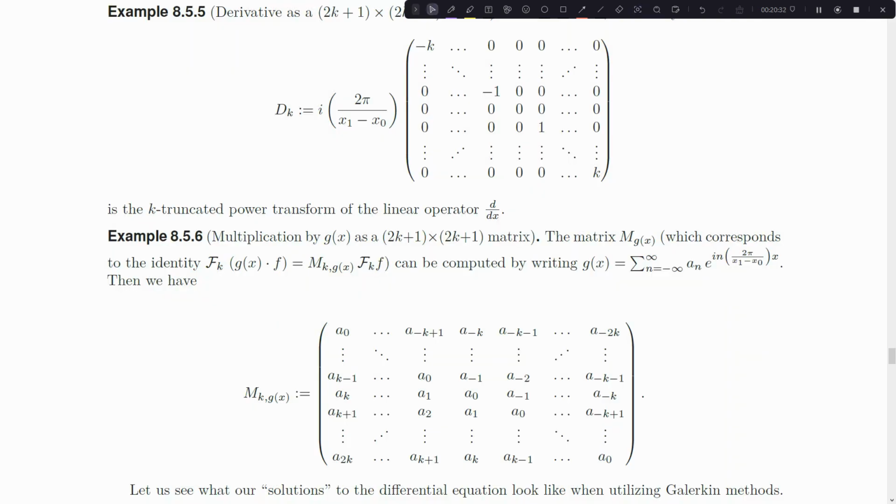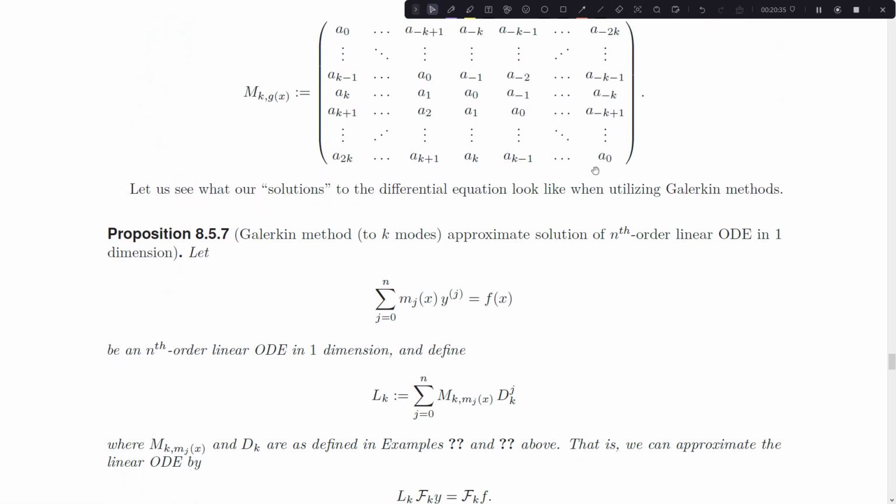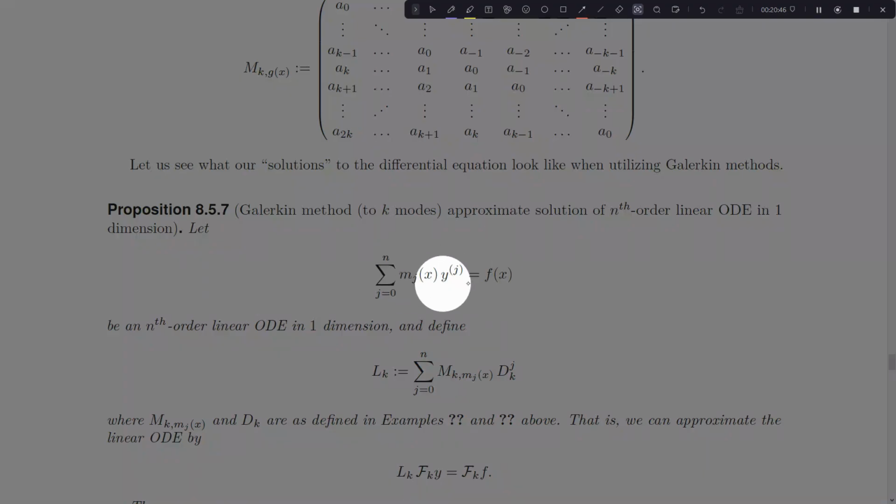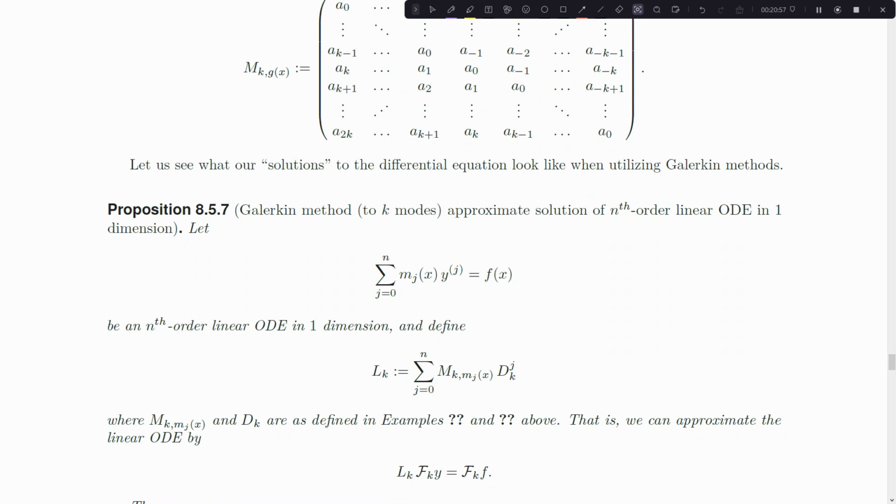And because of all this, now I'm legitimately sitting inside of linear algebra territory. Just like what we got used to with analytic functions, we do the same thing with the Fourier functions. We start with a linear ODE and construct a single matrix which represents the entire left-hand side of that ODE. And then we convert ourselves to a matrix vector equation in 2k plus 1 dimensions. L sub k is a matrix. F sub k of y is an unknown vector.